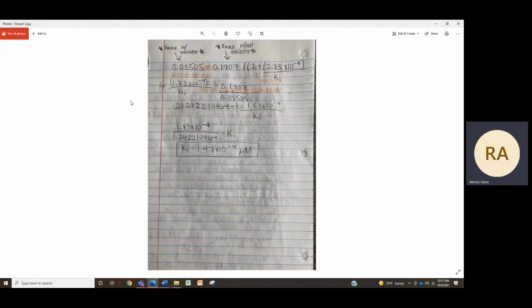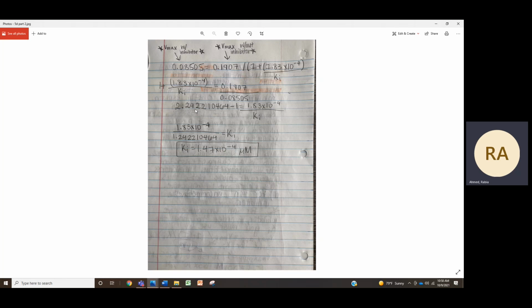So 1 plus 1.83 times 10 to the negative fourth over Ki equals 0.1907 divided by 0.08505. Essentially, I'm trying to isolate Ki. The 0.08505 is the Vmax with the inhibitor, and the 0.1907 is the Vmax without the inhibitor, which I figured out in the previous problems.